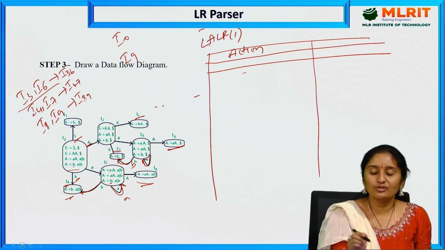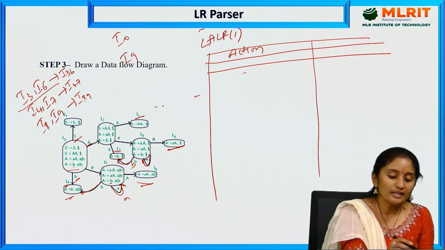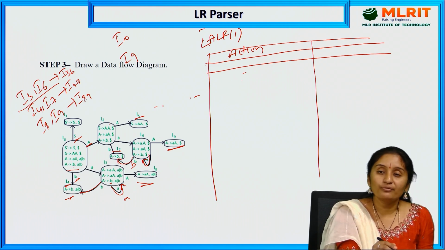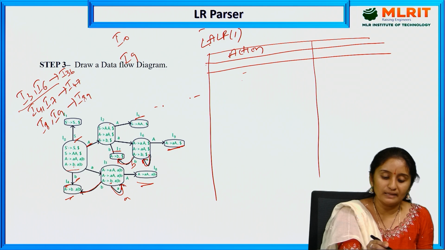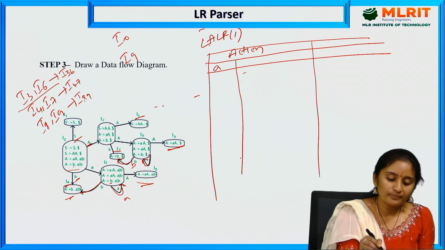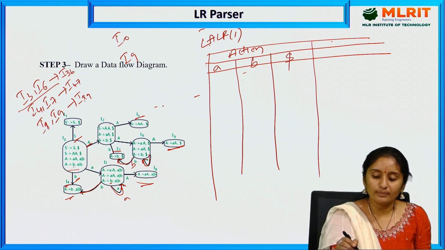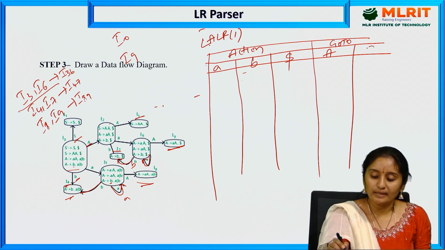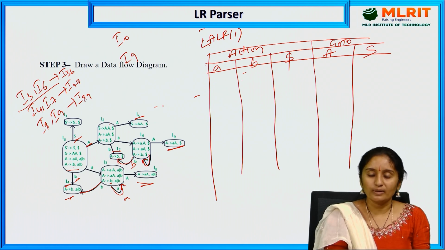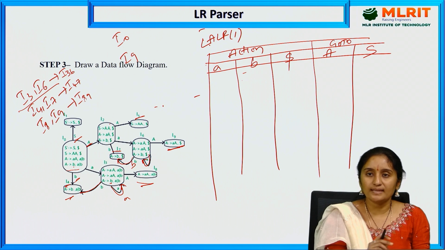In action we write the terminals, which according to this diagram are a, b and $. In the goto function, the non-terminals are A and capital S.